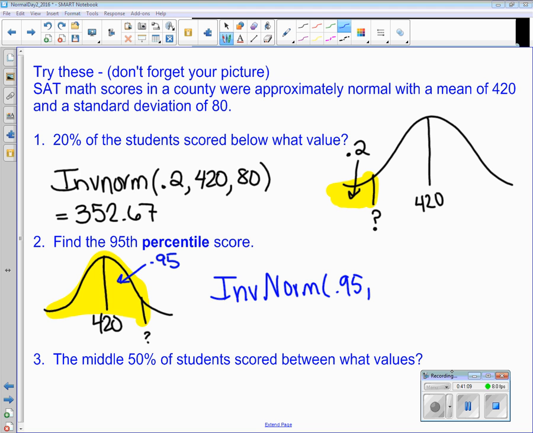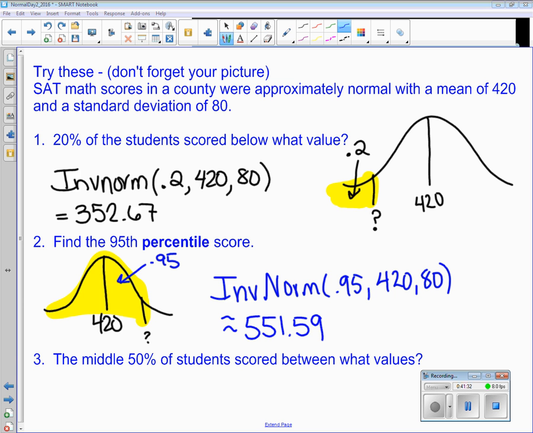Are we looking for a z-score or an actual score? An actual test score, so we'll put in the actual information. And what'd you get? 5 something, right? 5 what? 551.59. Did y'all do above that in your math score?